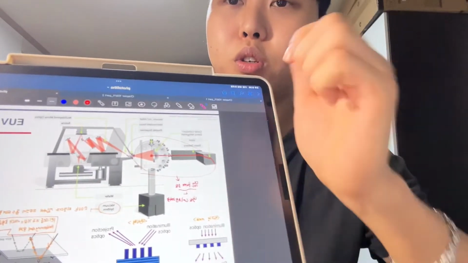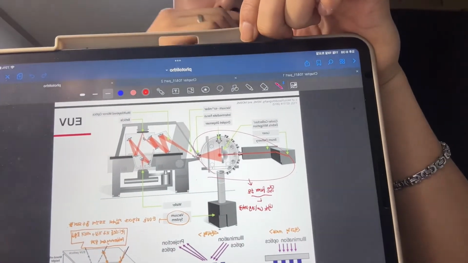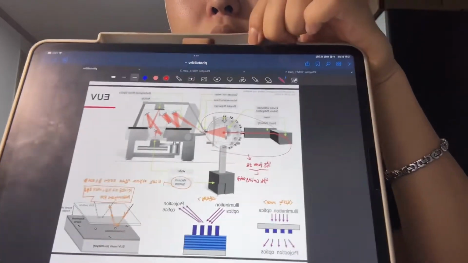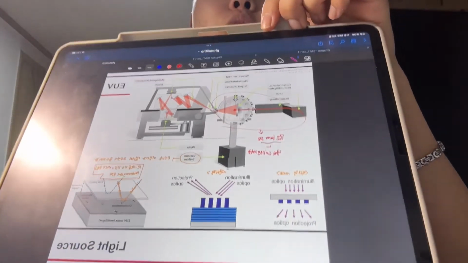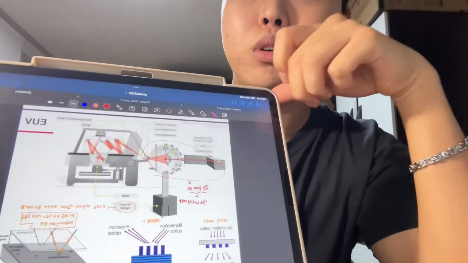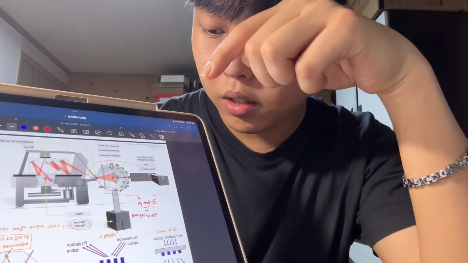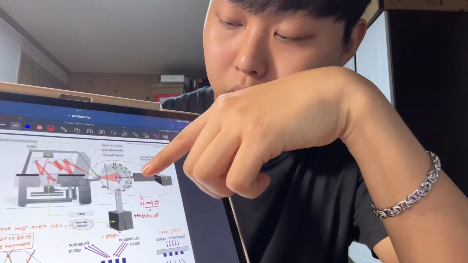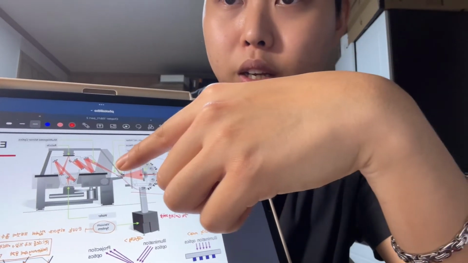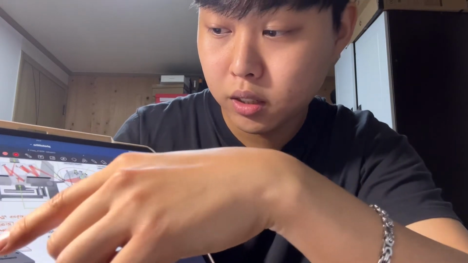Now I'm going to introduce you to the EUV equipment, in which ASML is the top scorer in this field. How does the EUV equipment work? We use tin as the material. We expose the light on the tin, droplets come in, and every droplet from the tin gets exposed by the light, and as you can see here, the light gets reflected and makes the EUV light.